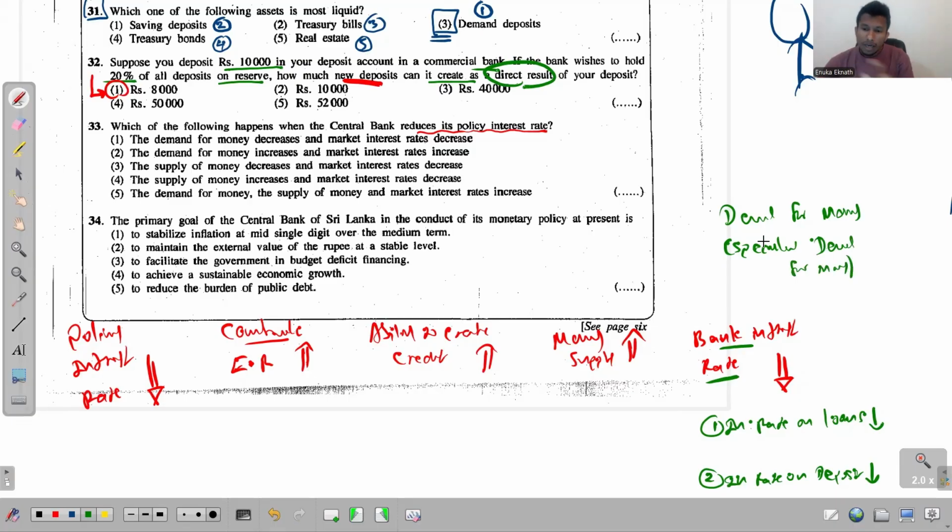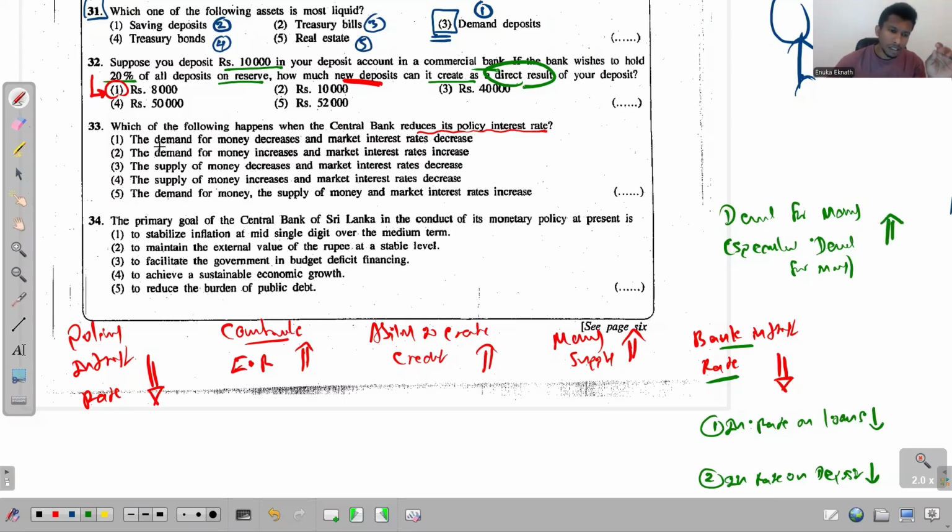So in between these two variables, the interest rate and the speculative demand for money, we have a negative relationship. So if the bank interest rates get decreased, what happens? The speculative money demand increases.